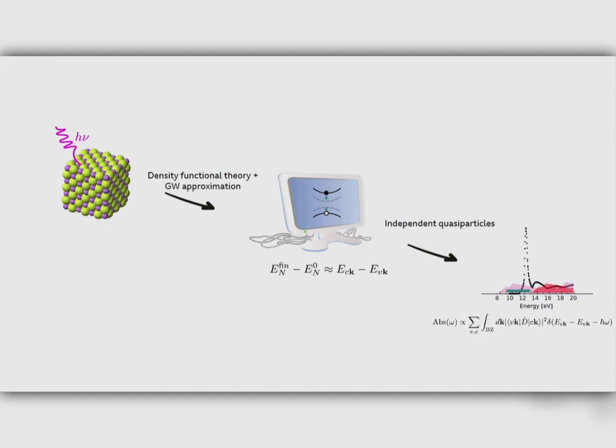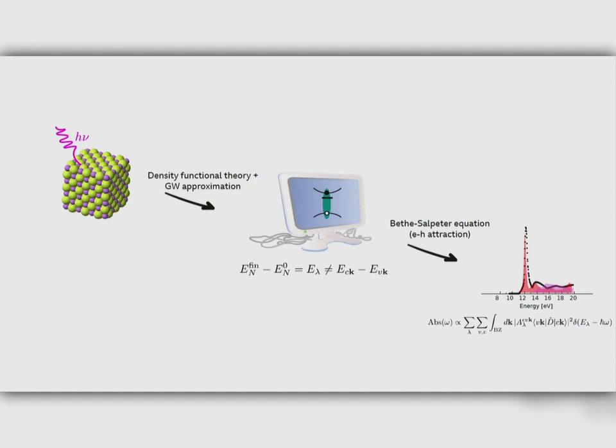So the next step would be to correct this, and a way is the GW approximation within many-body perturbation theory. This corrects the Kohn-Sham density functional theory energies to quasi-particle energies, and shifts the onset to the fundamental band gap, but basically we are still in an independent particle picture. The framework that really works to reproduce optical spectra quantitatively is that of the Bethe-Salpeter equation on top of density functional theory plus GW.